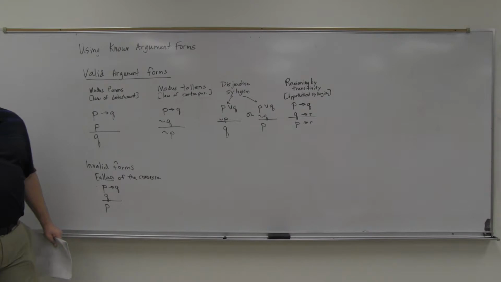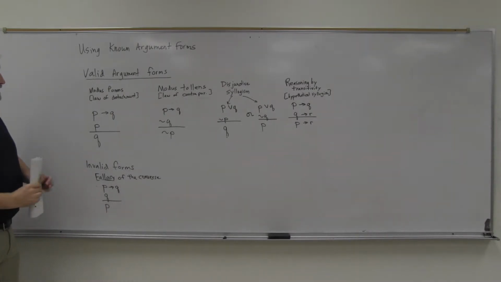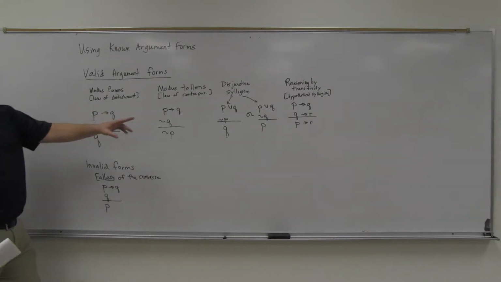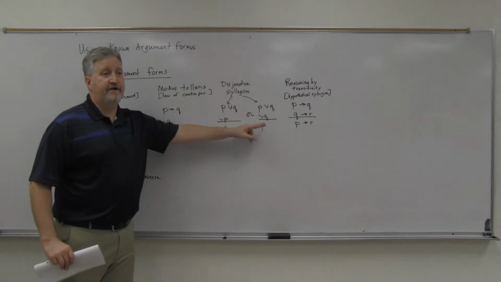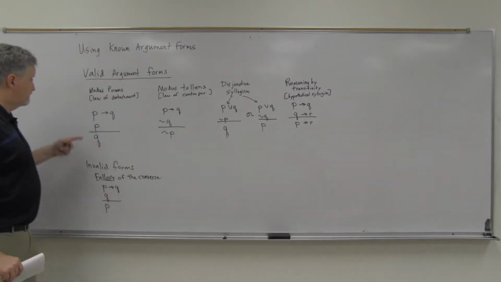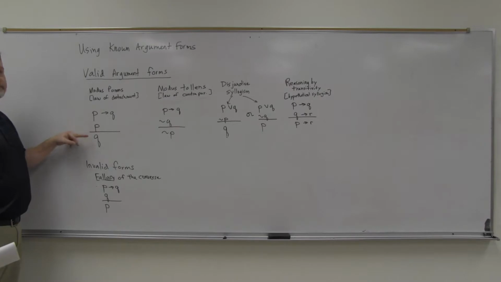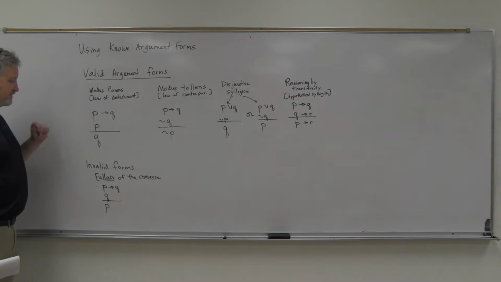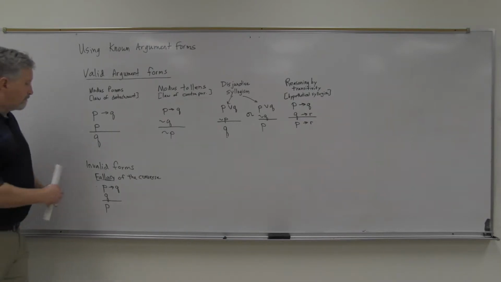So if you see that word, you know it's invalid. That's what I was saying a while ago. I switched those P's and Q's out there, didn't I? Can I do it here for Modus Ponens? Nope. If I switch P and Q out here, it's invalid. So you can't just always switch them out. You've got to be careful.